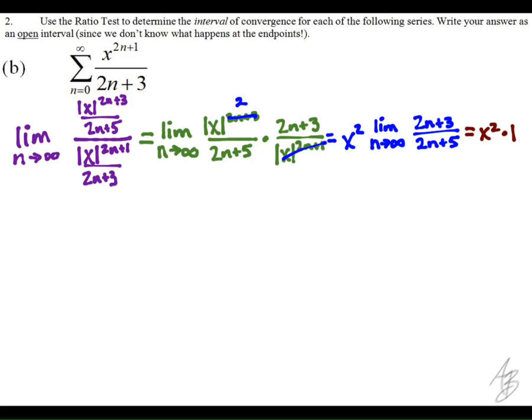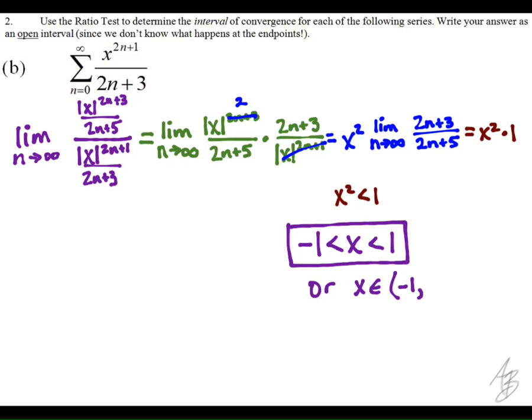And so the limit of our ratio is going to be x squared. So then we need to figure out when x squared is going to be less than 1, and that's going to be true when x is between -1 and 1. So we could write it either like this as an inequality, or we could write it in interval notation. 3 points again for this problem, 1 for the final answer, 1 for the setup, and 1 for the inequality right here.